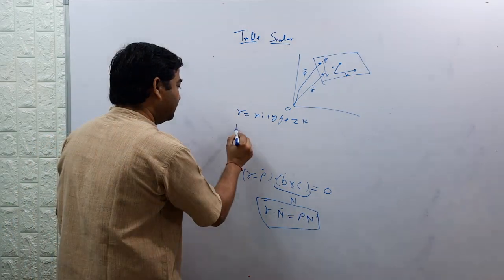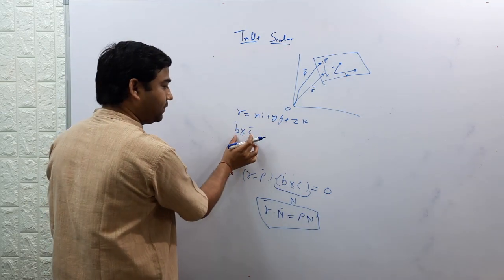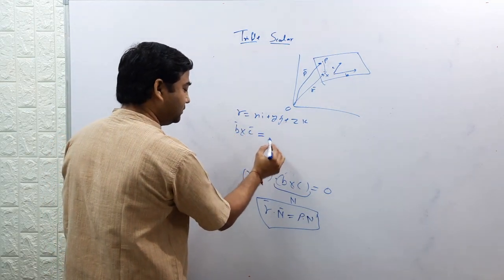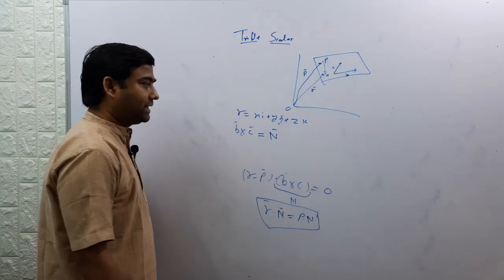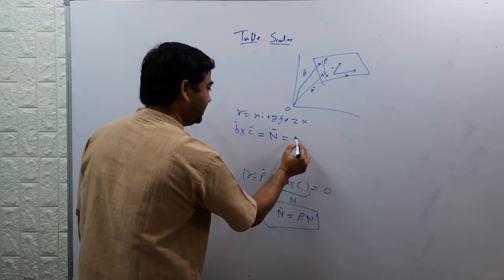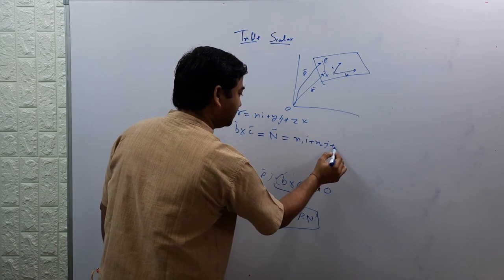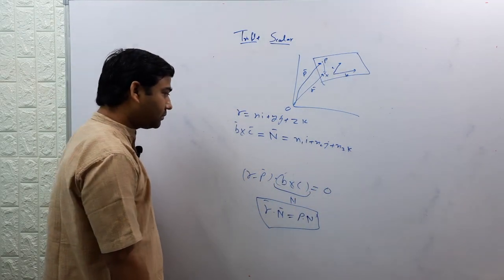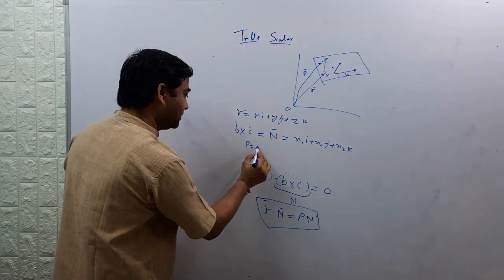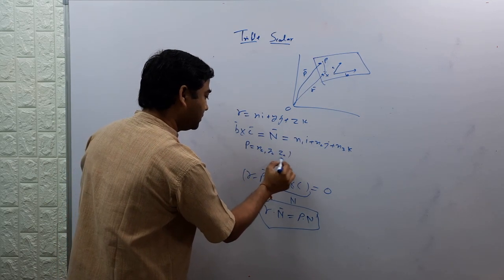So B cross C, two vectors were given. We found B cross C, and this B cross C we found as vector n, and this n is n1i plus n2j plus n3k, and point P is x0, y0, z0.